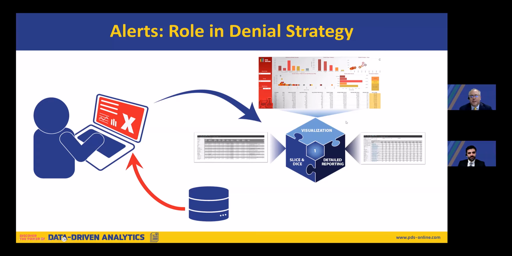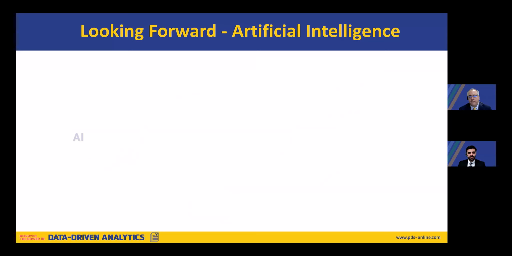We as a user could then go in and dig into the data and understand. So the ability to use alerting is something better practice organizations are able to use and have the tool sets to do that.